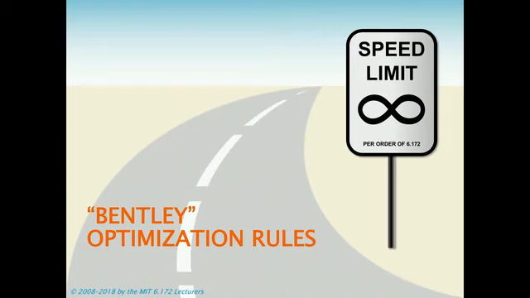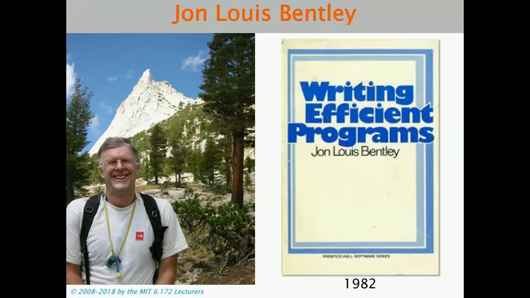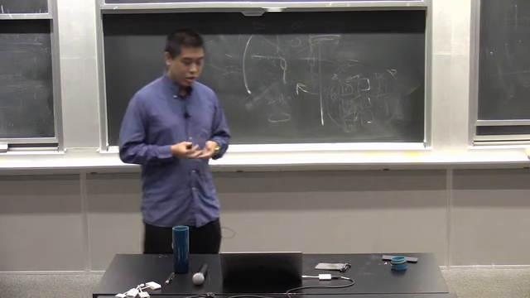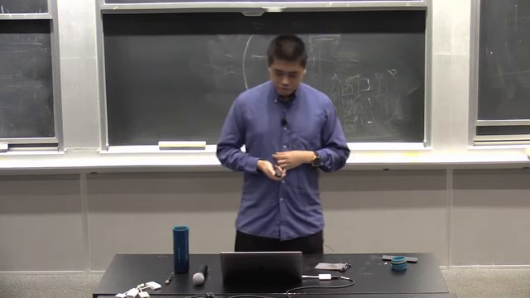The rules that we'll be looking at, we call them Bentley optimization rules in honor of John Lewis Bentley. John Lewis Bentley wrote a nice little book back in 1982 called Writing Efficient Programs. Inside this book, there are various techniques for reducing the work of a computer program. If you haven't seen this book before, it's very good, so I highly encourage you to read it.